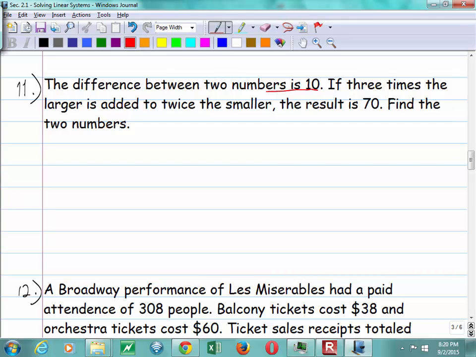So based on that statement, I could write down that x minus y equals 10. Okay, now by writing that statement in that way, I've already decided that apparently x is the larger number and y is the smaller number.